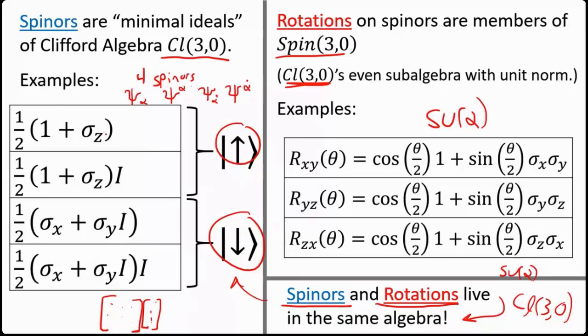So I'm thinking there's 4 ideals that we have, right? There's this one, and this one, and this one. I'm wondering if these 4 ideals correspond to the 4 types of spinors, but I don't even know what the next sentence I would say after that is.